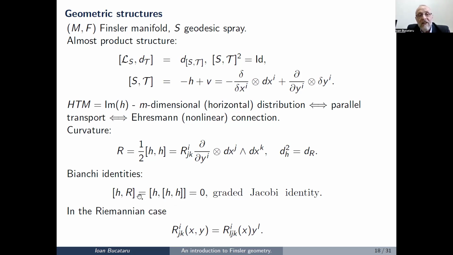It gives you the Bianchi identities for this curvature quantity. So in this slide, I just wanted to show you, very briefly, that using the Frölicher-Nijenhuis formalism, you can recover lots of properties that extend the Riemannian properties.